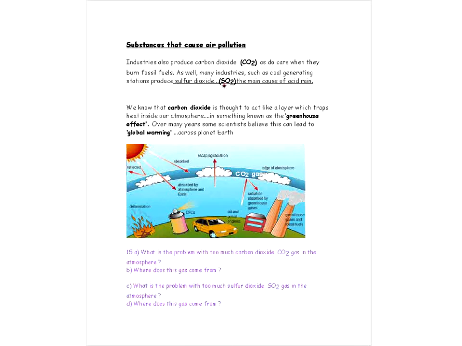Now the problem with sulfur dioxide is going to be different than the problem with carbon dioxide. What carbon dioxide does is it acts as a layer in our atmosphere, and it traps heat inside our atmosphere, and this is called the greenhouse effect. Light from the sun comes through our atmosphere, hits objects on the earth, and it's changed into heat.